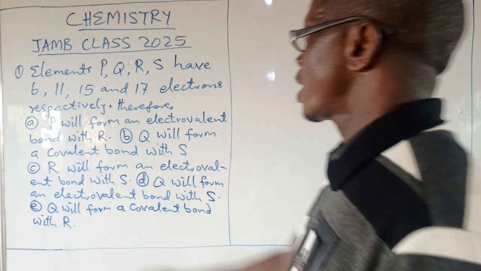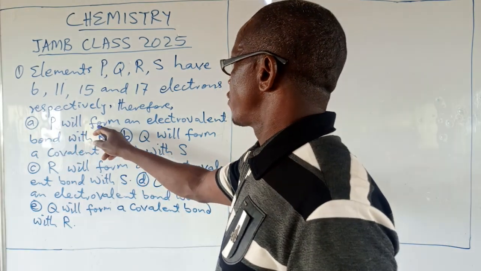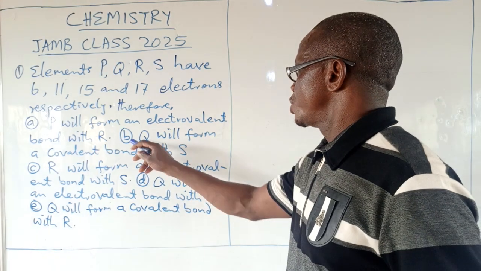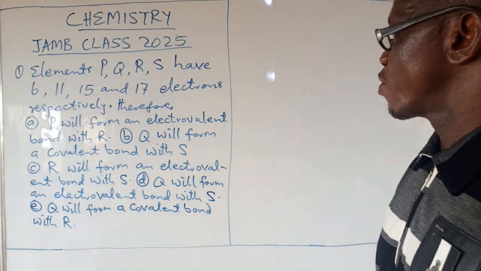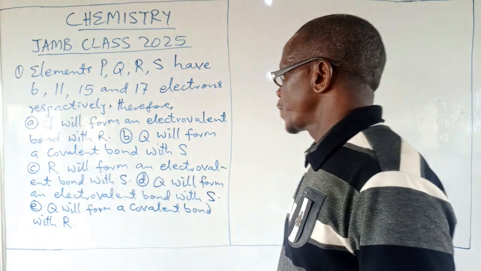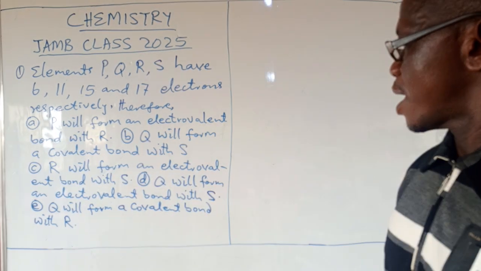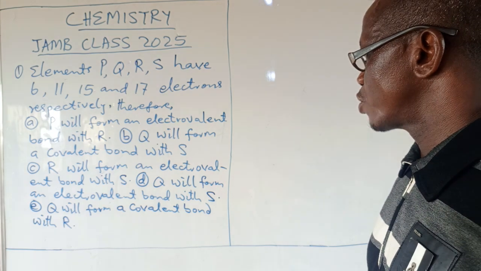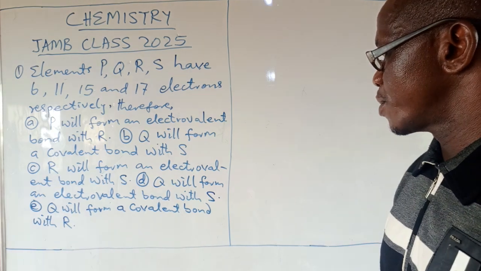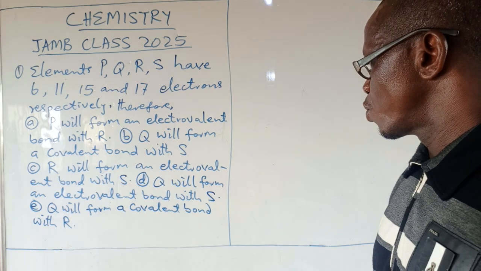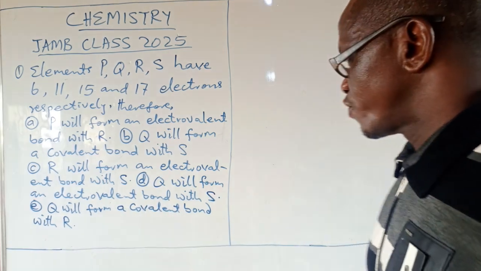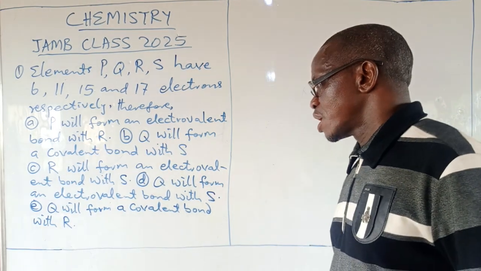Therefore, A, P will form an electrovalent bond with R. B, Q will form a covalent bond with S. C, R will form an electrovalent bond with S. D, Q will form an electrovalent bond with S. E, Q will form a covalent bond with R.